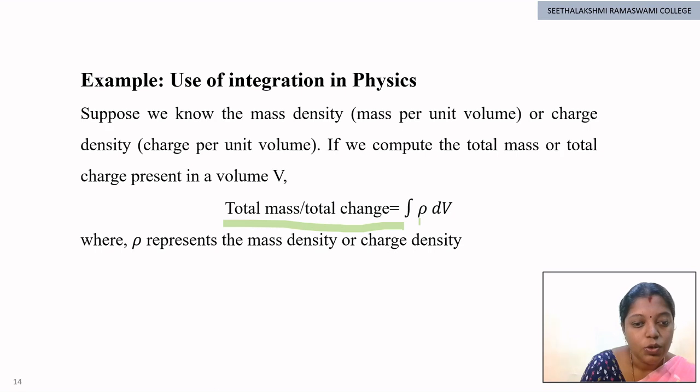This will give you the sum of all masses contained in the complete volume. In a similar way, if you consider charge density, if the amount of charge present in a unit volume is rho of q1, then the total charge present in the complete volume can be calculated by the integral of rho as a function of q1 into dV.